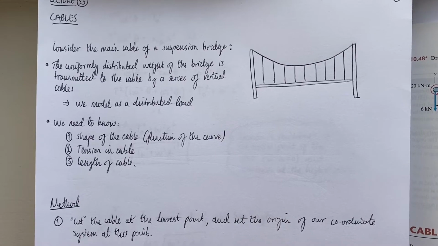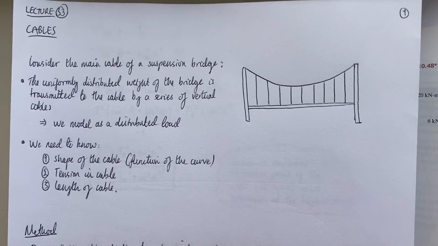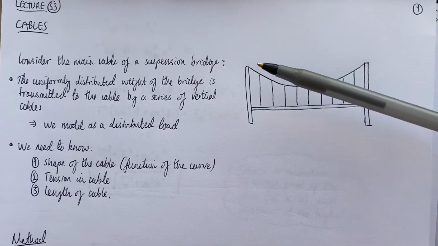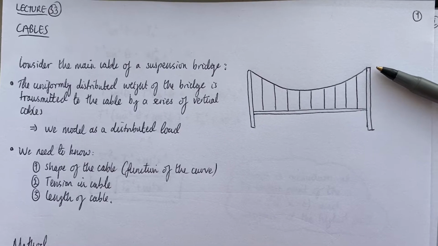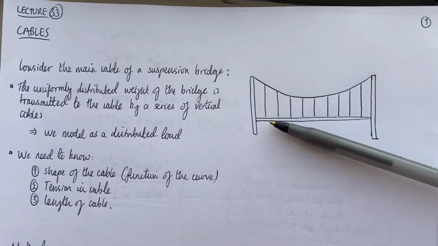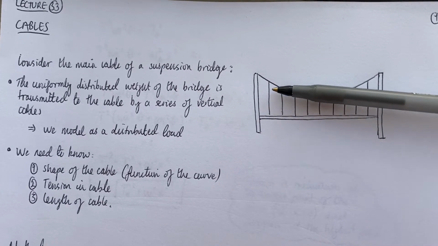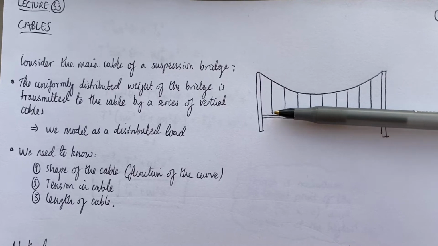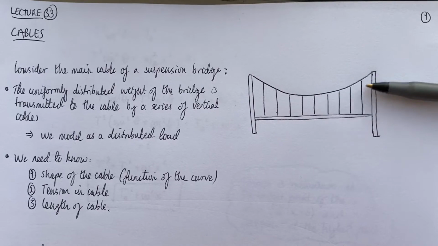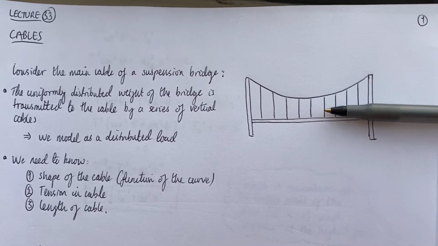So first of all, let's consider this suspension bridge, right? So this is the main cable of the suspension bridge. The uniformly distributed weight of the bridge, this piece down here, is suspended or transmitted from the cable via these vertical lines.